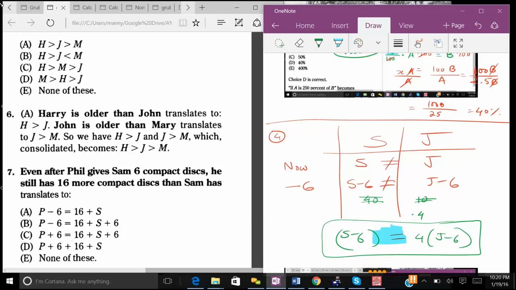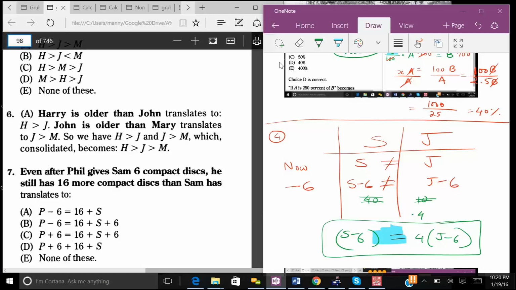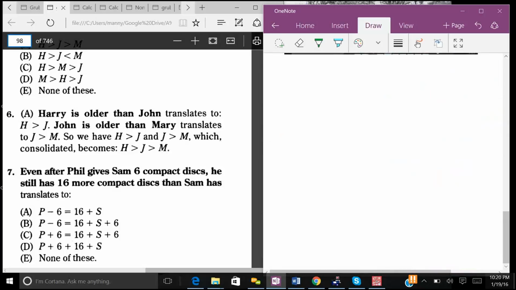All right, so I think it's choice A. Is that right? One little mistake, but you're on the right track of thinking there.